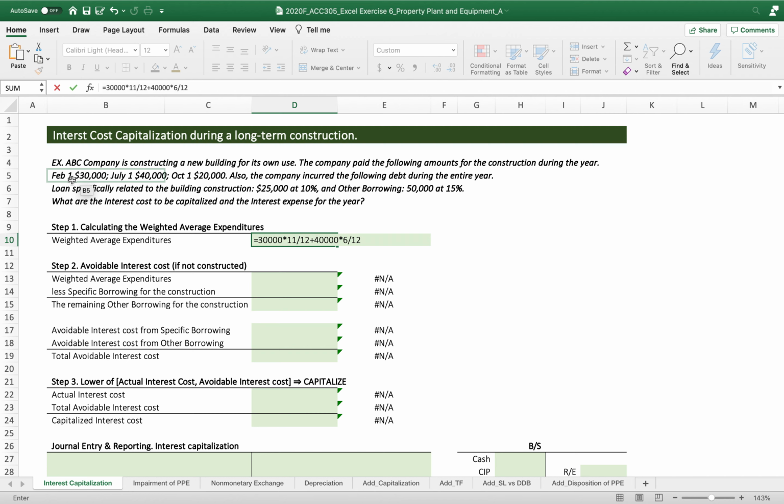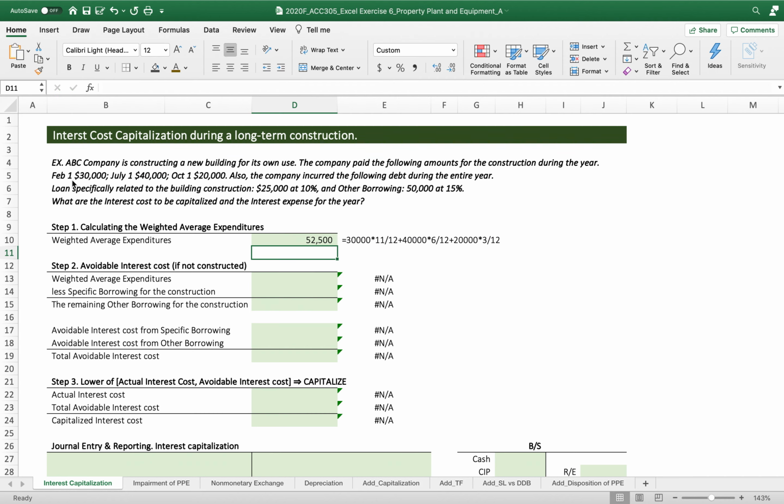This $40,000 has been used half of the year. We just want to calculate the interest cost to be capitalized exactly along with the expenditures for the time used. Okay, and then $20,000 from October, 3 months. So we get the weighted average expenditure of 52,500.